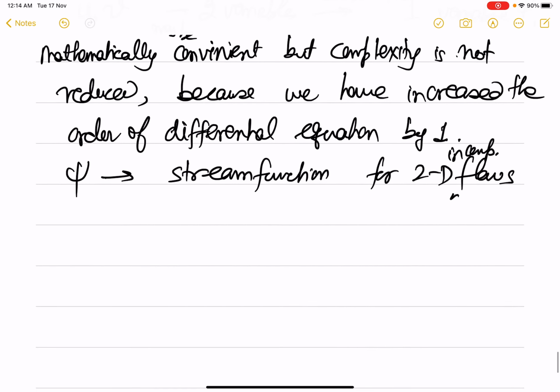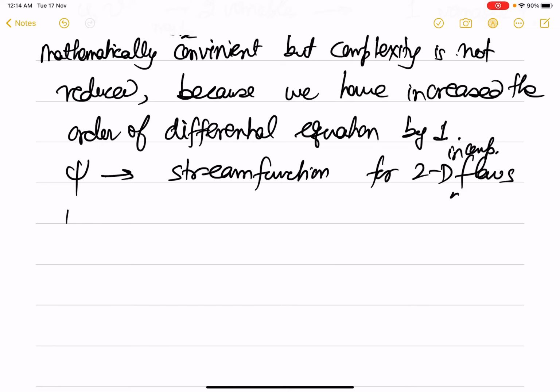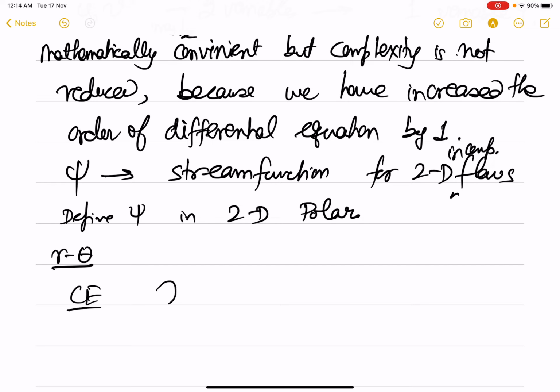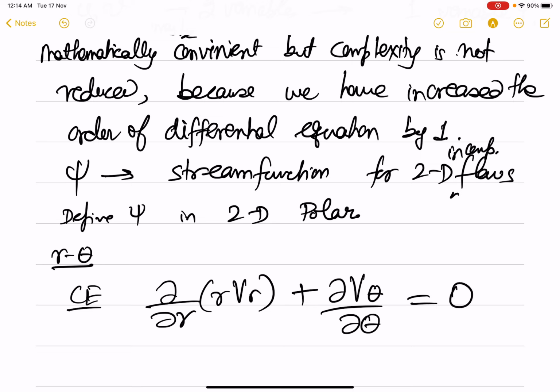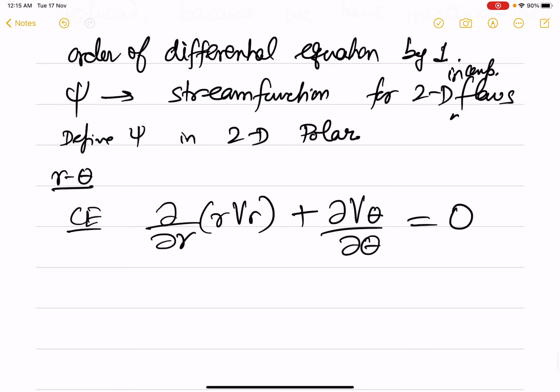Let us look at how to define psi in 2D polar coordinates. In 2D polar coordinates, which means we are looking at r theta, the continuity equation is partial by partial r of r vr plus partial v theta by partial theta is equal to 0.